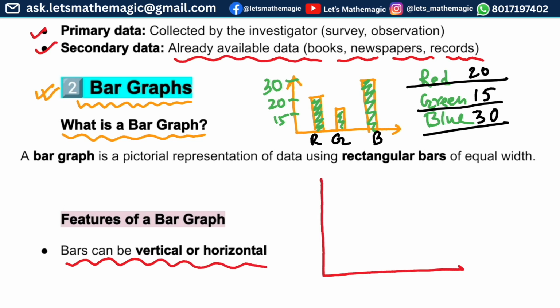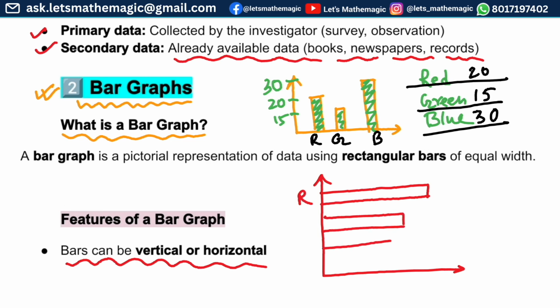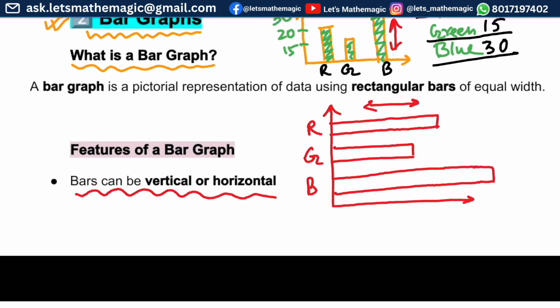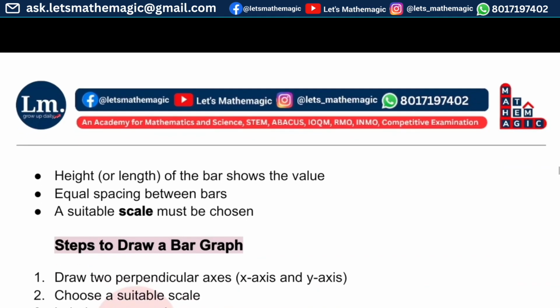When it is horizontal, the graph will look like this: suppose this is for red, this is for green, and this is for blue. As you can see, the bars are now horizontal, while in vertical bar graphs the bars are standing lines. We have to draw bar graphs based on the given data.